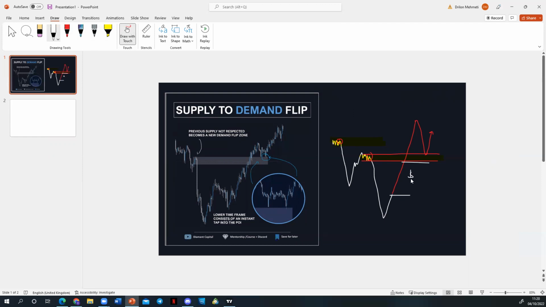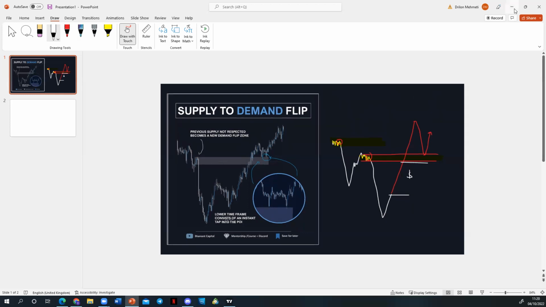All of this is a form of liquidity that's going to get taken out. Or we say it's an imbalance, a gap in the market, or an inefficiency, as some like to call it. This eventually has to get filled. So when you are entering on supply and demand zones, especially supply to demand flips, you really want to be considerate of the take profits that you're going to be using.